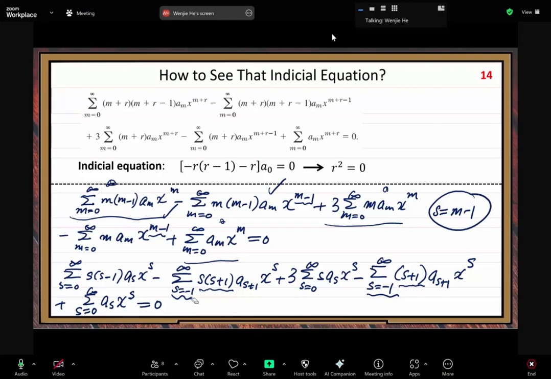Do you think we can change it to 0? Because s equals -1 has 0 contribution, we throw away the 0 term. Is that okay? Here, can we change to 0? Don't worry about the exponent, because the coefficient is 0.